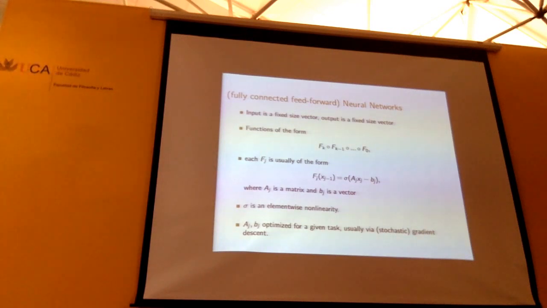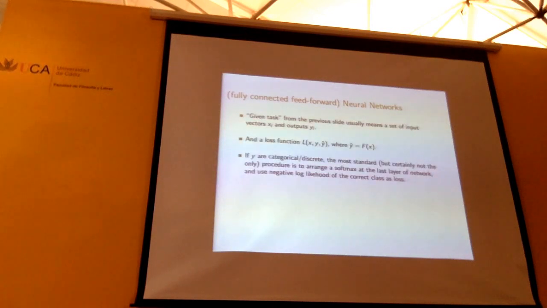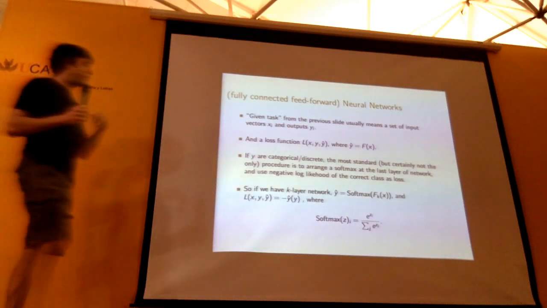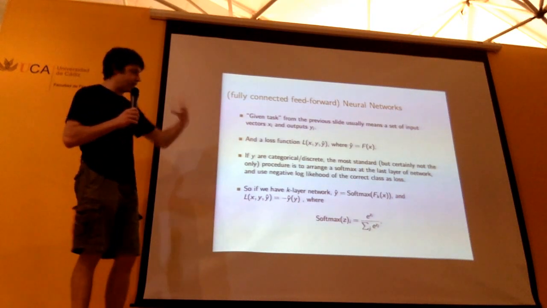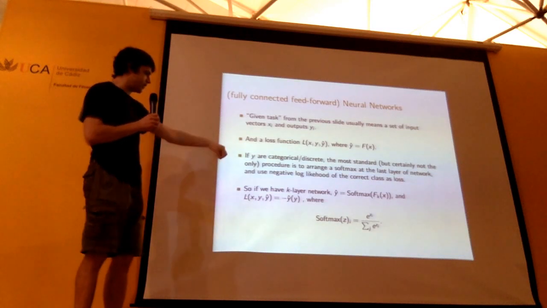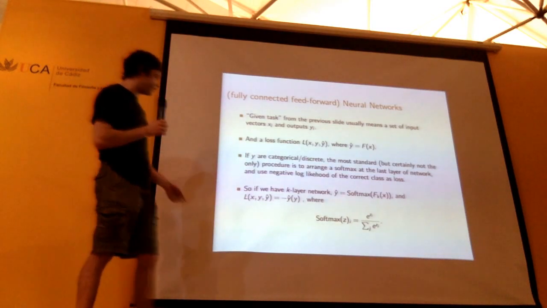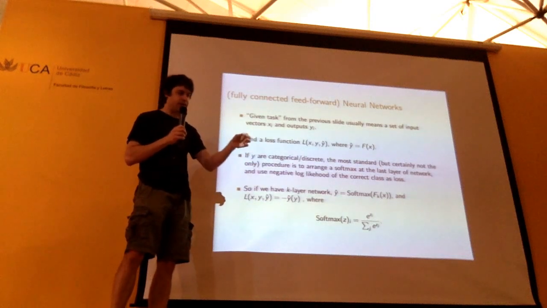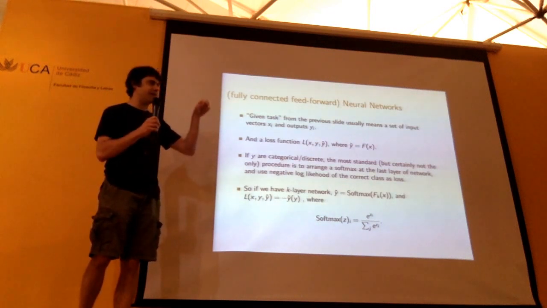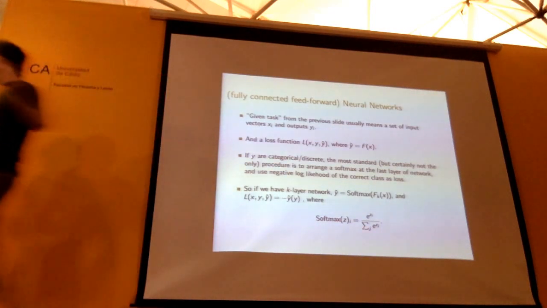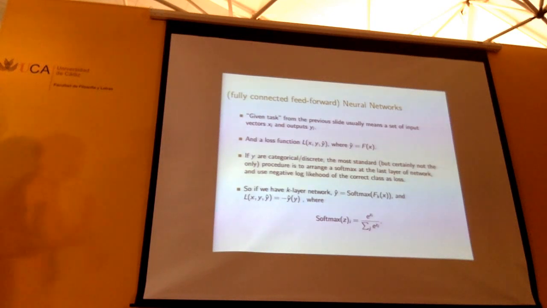So if your output is categorical, you've got to do something. The thing that you usually do is you take a softmax on the final output vector, and then you use negative log likelihood as loss. So a standard feed-forward network for classification looks like a bunch of affine layers, then the last affine layer you hit with a softmax, and then a log, and then your loss is just the value of the coordinate that should have been the correct answer.